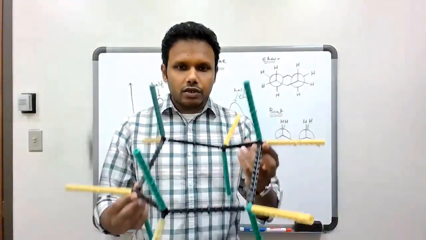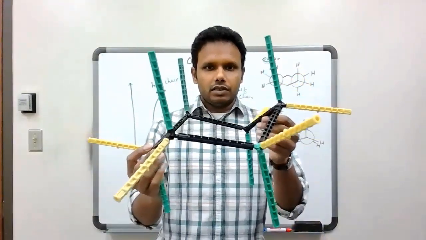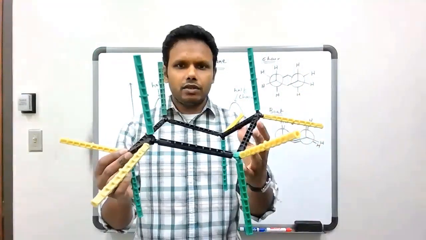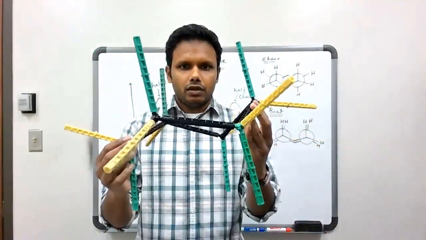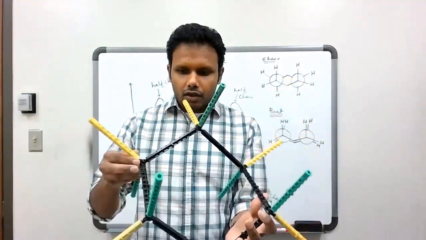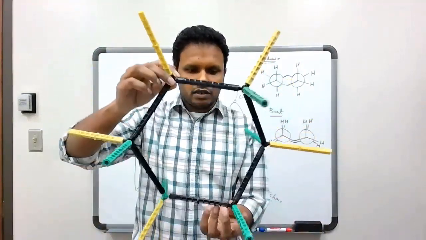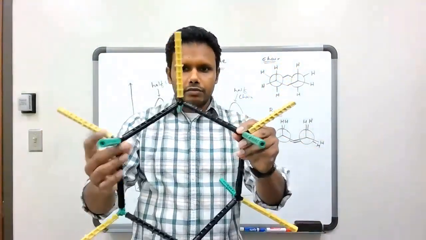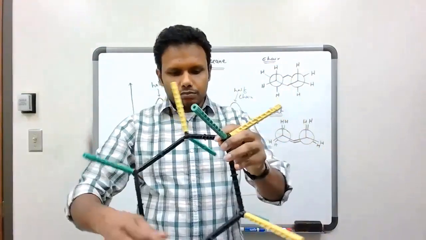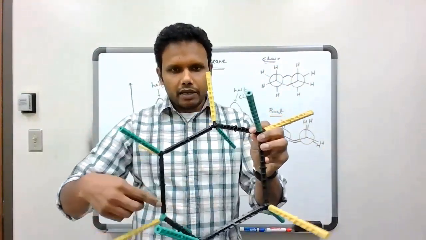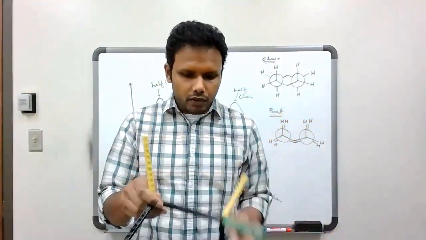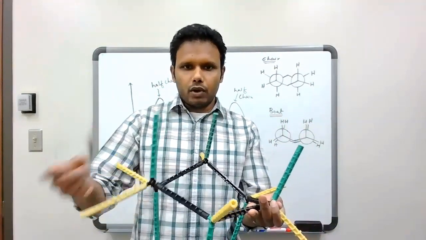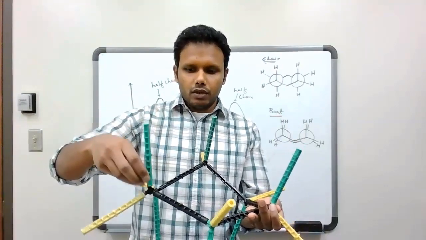Now, when we say chair conformation, this is what it looks like. So I have the model here. What I want you to view is that all of these corners are carbon atoms, and the black connections are all carbon-carbon bonds, and the yellow and the green bonds are bonds to the hydrogen.